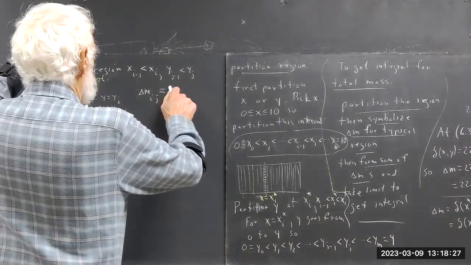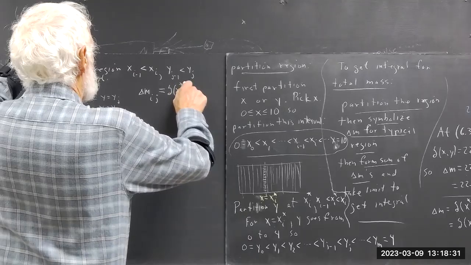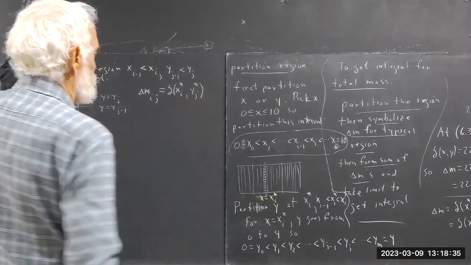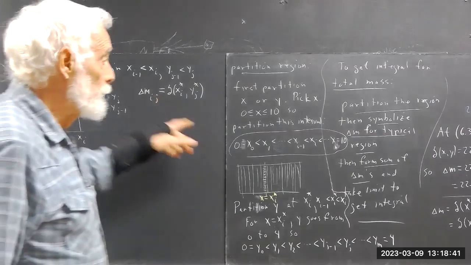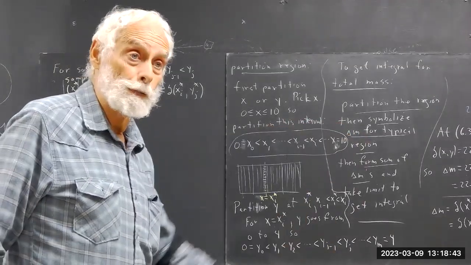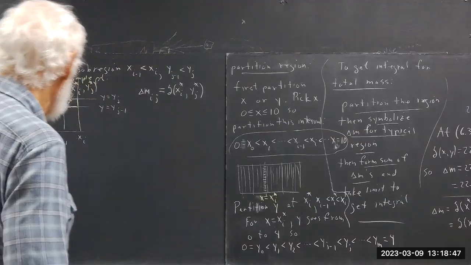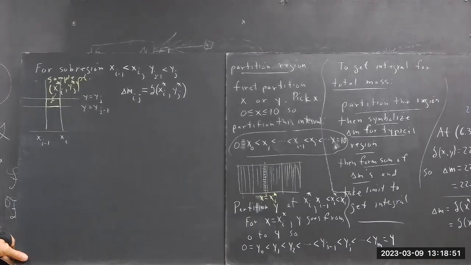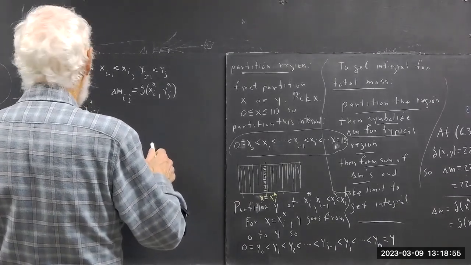It's going to equal delta of X I star Y J star. And of course, then we can plug that into the formula for delta, whatever the formula is. In this case, it's a simple linear expression. Times.